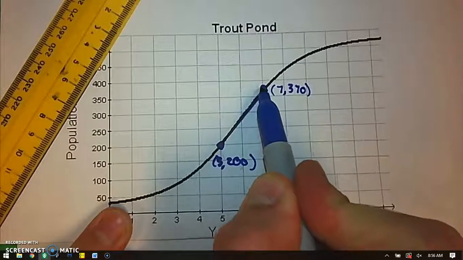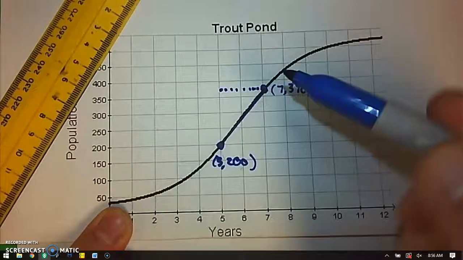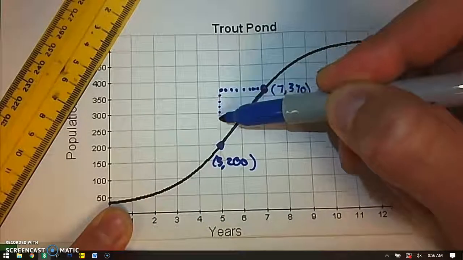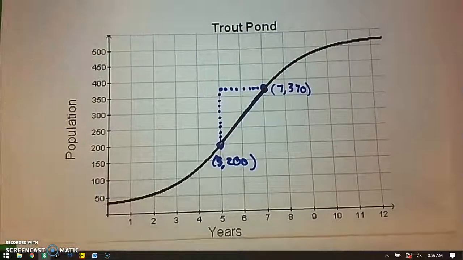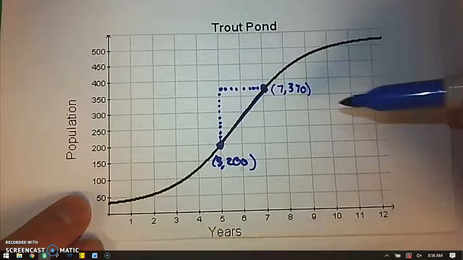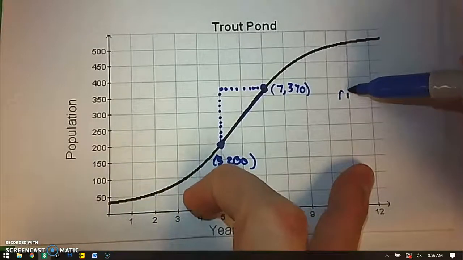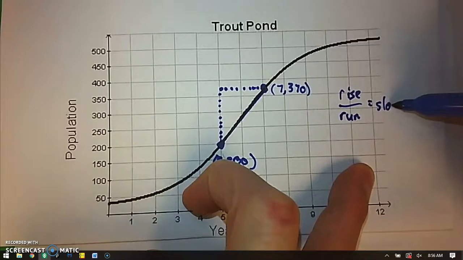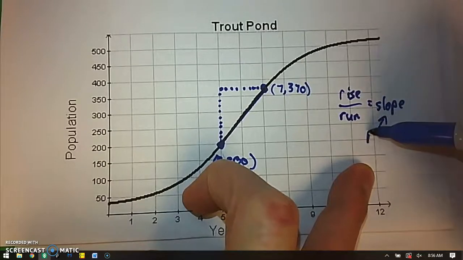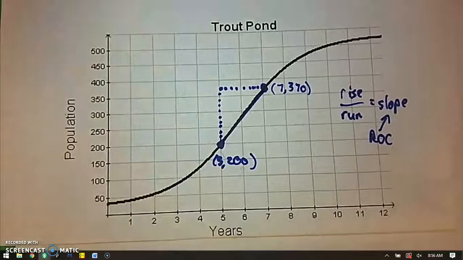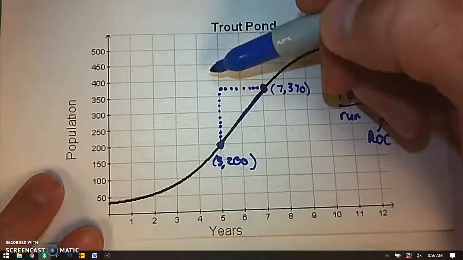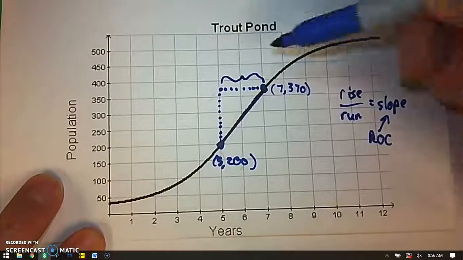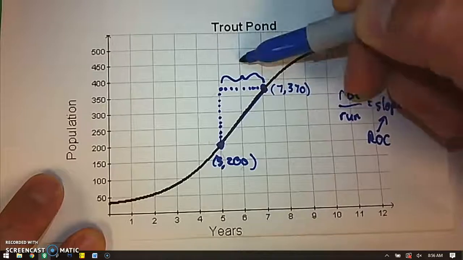So we can do this right on the graph. And I'll show you how to do it algebraically afterwards as well. But there it is. And if you remember, slope is found by taking rise and divide it by run. That's slope. And slope is the rate of change. So the run is going to be, looks like 2 boxes.